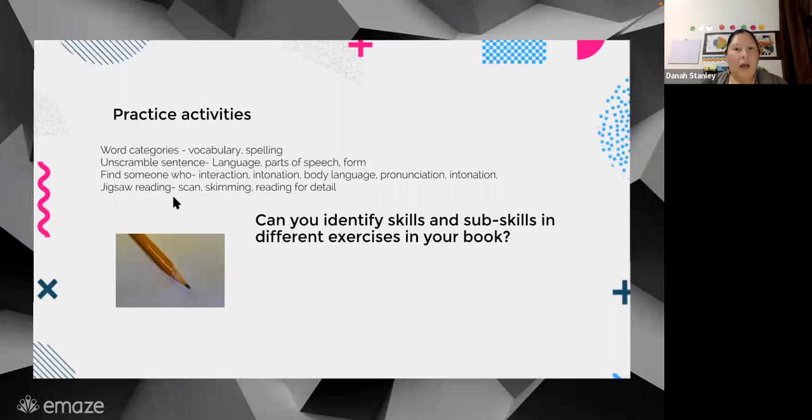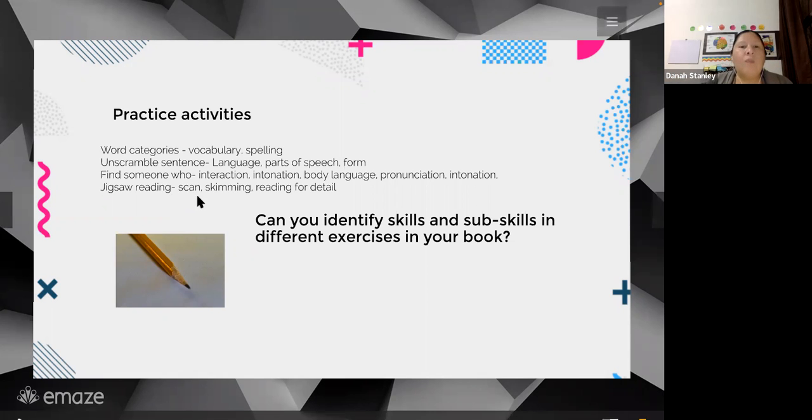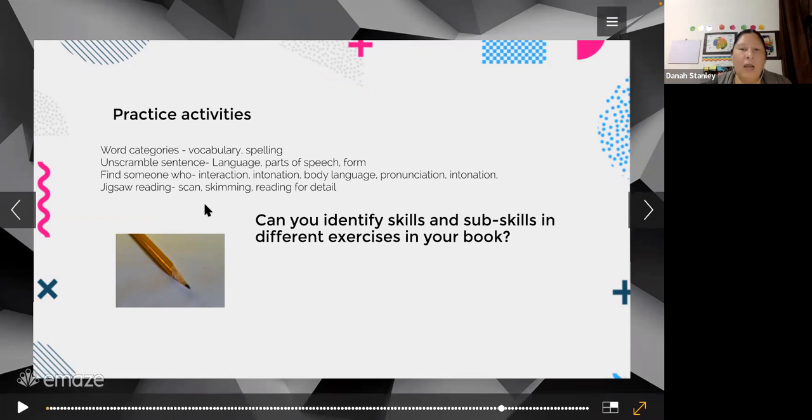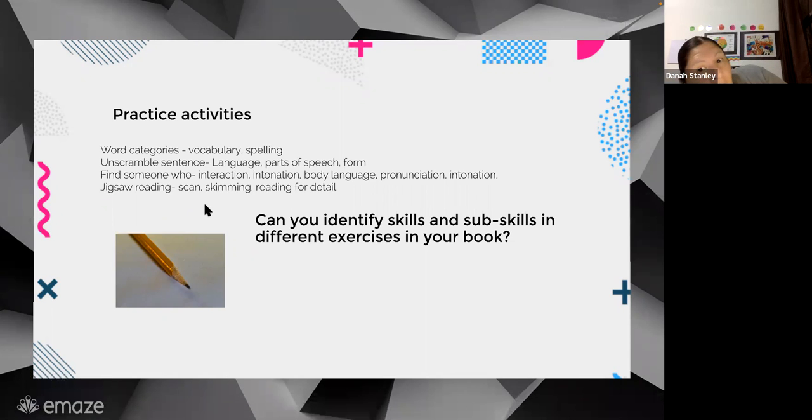I can omit commas, periods, linking words, and capital letters in order to make it more challenging. Because they are reading, they are going to be skimming, scanning, reading for detail, identifying parts of speech, cohesion, coherence, capitalization, punctuation, pronunciation, intonation. They are discussing, they are agreeing, they are disagreeing.